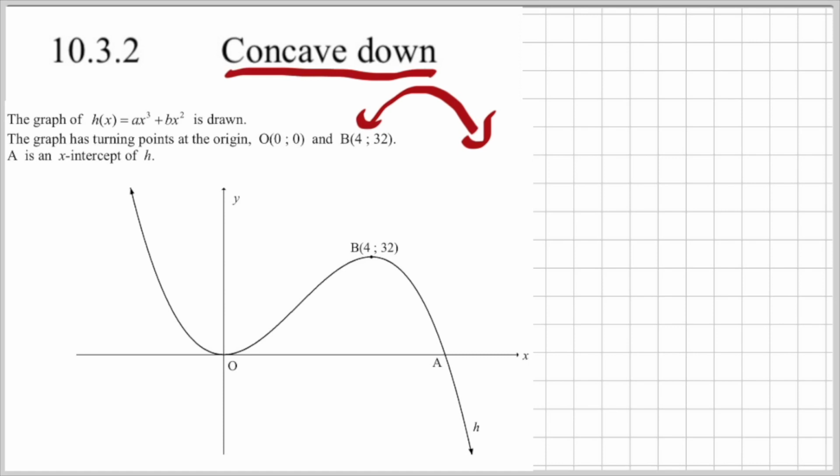And when I look at this graph, where is my graph concave down? By looking at the graph, concave down means frowning, so my smile is upside down. And that is from somewhere between 0 and 4 all the way to infinity.